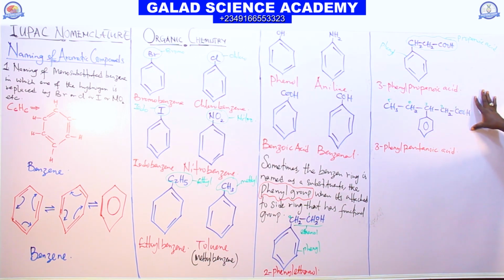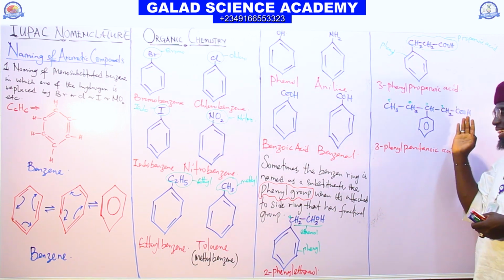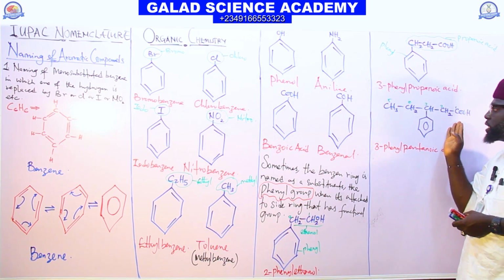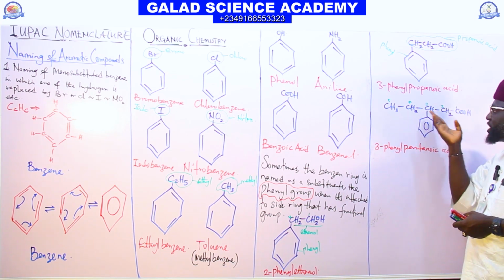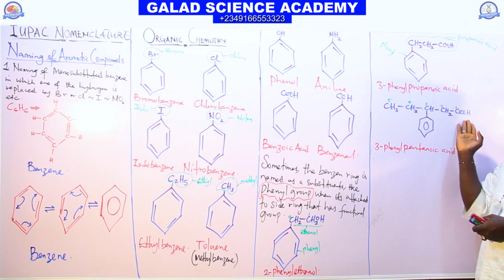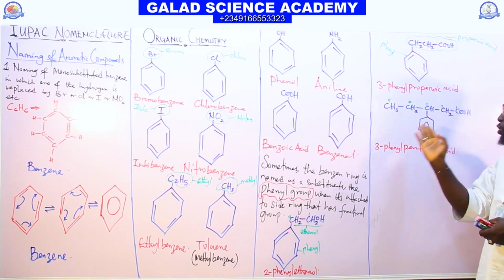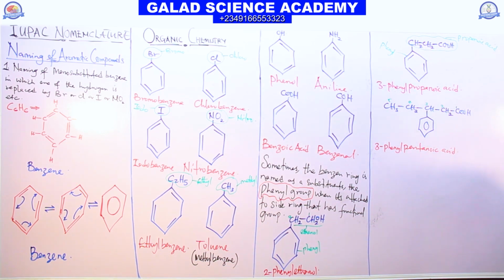So when the benzene is attached to a side chain that contains a functional group, have it in this form.